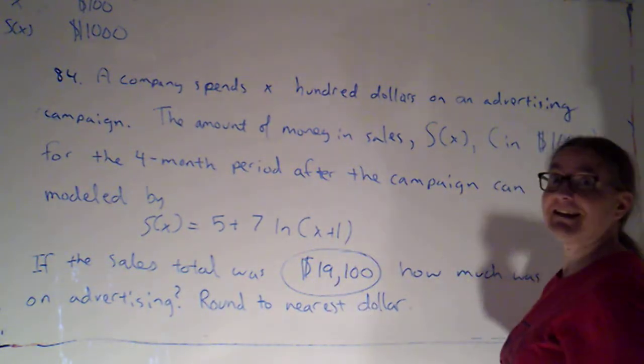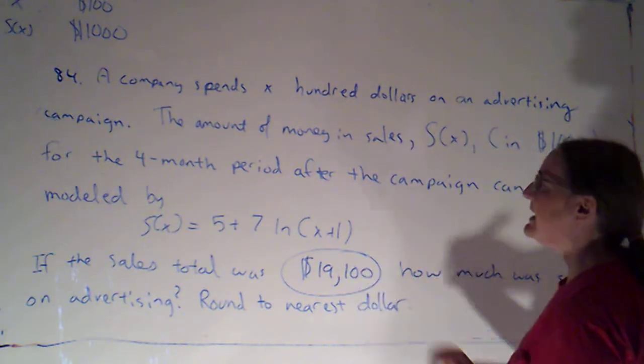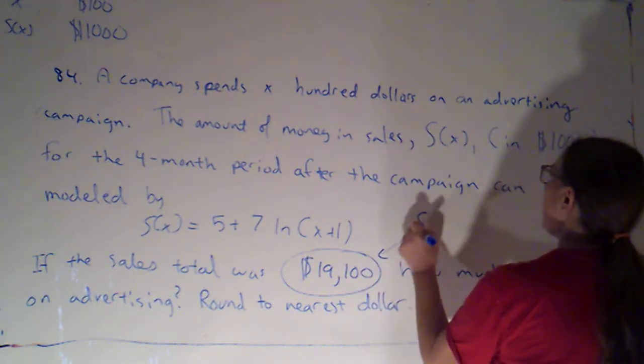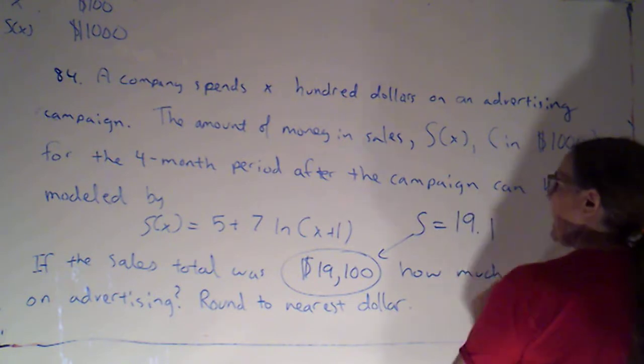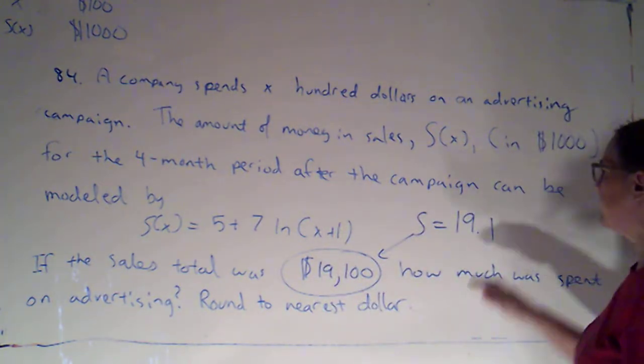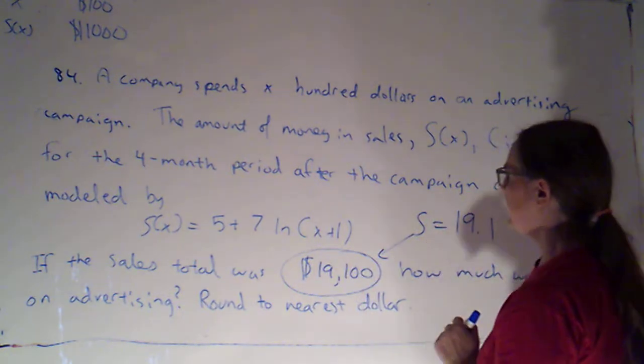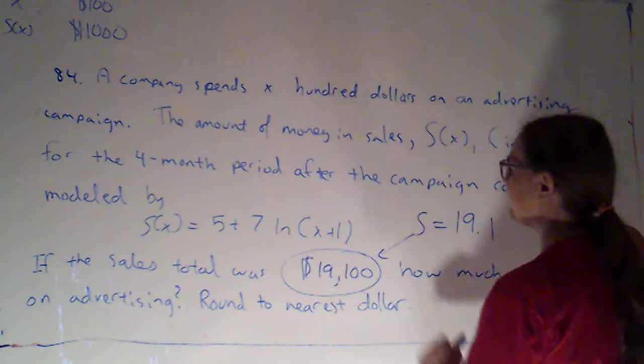That's a little more than $19,000. That's going to be 19.1. How many thousands is that? I would just divide by 1,000, or equivalently move my decimal point 3 places.